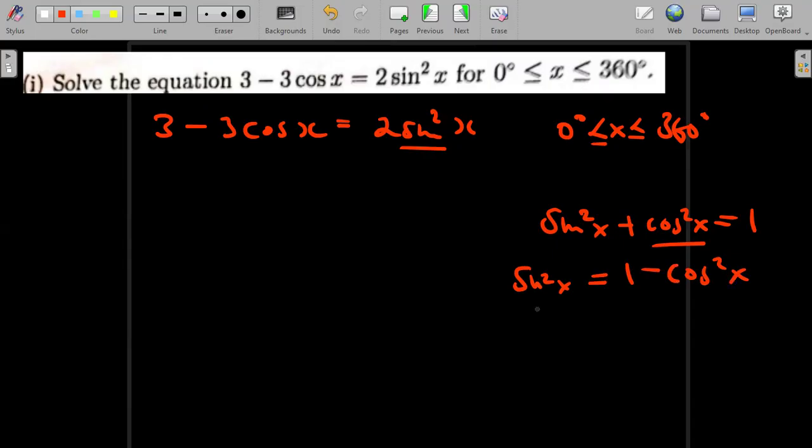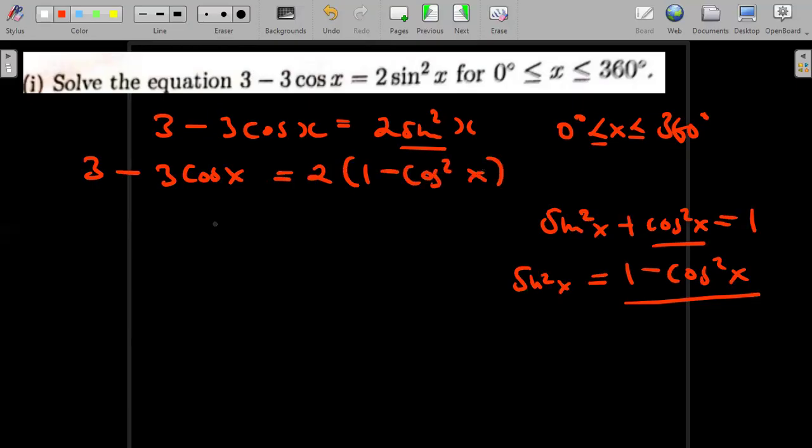So I can make that replacement in my equation, then I have 3 minus 3 cos x is equal to 2 times (1 minus cos squared x), like this. Then I can distribute the 2 there. I have 3 minus 3 cos x is equal to 2 minus 2 cos squared x. Now I can move everything to the left side.